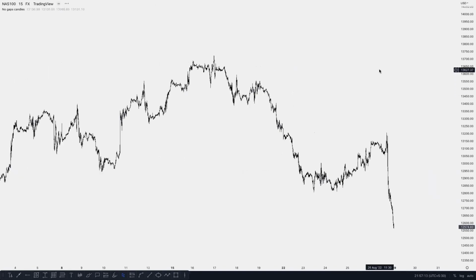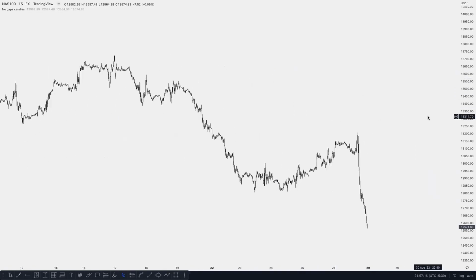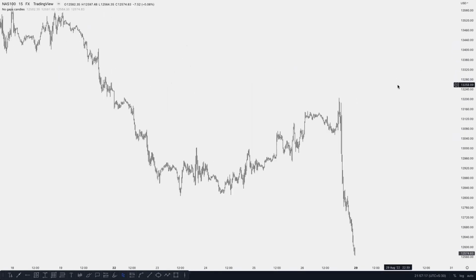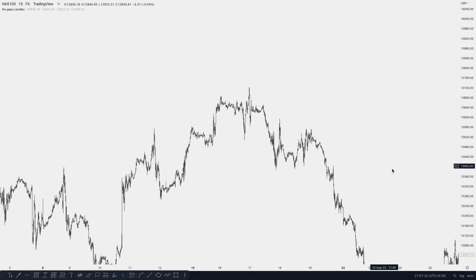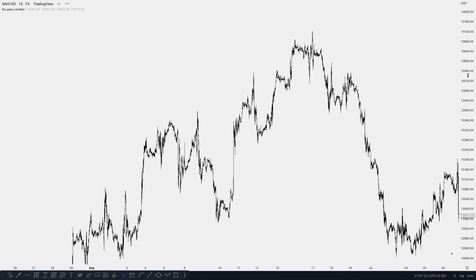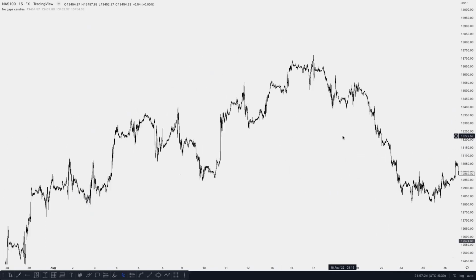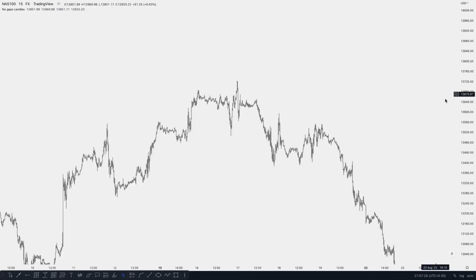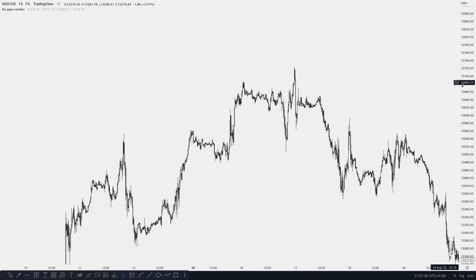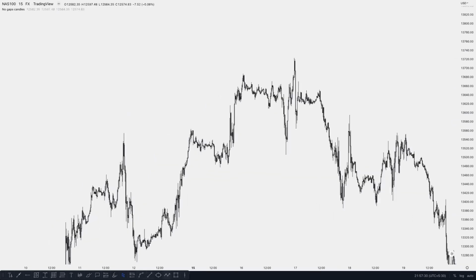Okay, so NAS 100 in the 15-minute structure is looking bearish right now. And what is a possible scenario in NAS 100 if you start marking the structure, the top of the structure, which is here? This was our recent high, taken out, and confirm this.